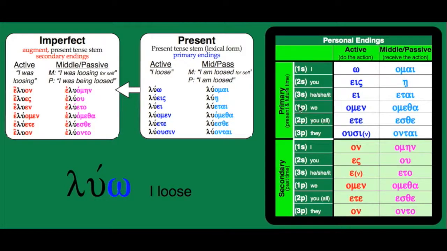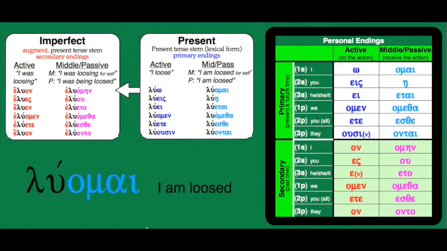Generally speaking, when you're in the top part of this chart, in the primary endings, you're in the present time. When you go to the secondary endings down here, it will be past time. So this is I loose, not I loosed in the past time, or I was loosed down here. It's I loose, active. So this is a primary active ending, and it's first person singular, so luo means I loose.